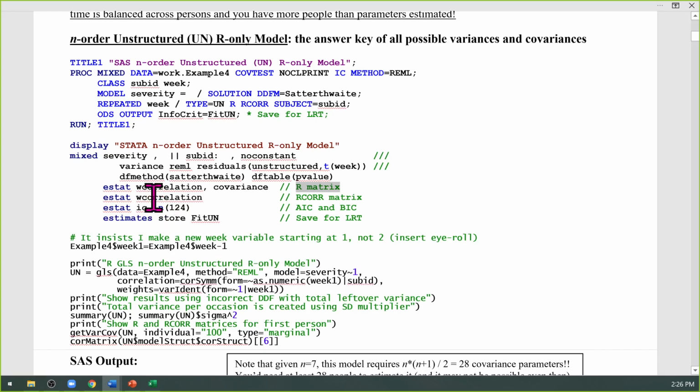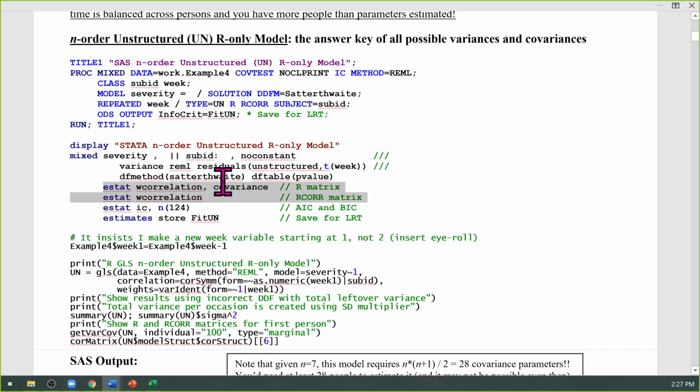And if you just want the R core correlation matrix, that's the same thing without the option for covariance. So these are helpful to be able to visualize what your model has actually said the structure of your variances and covariances should look like. Otherwise, it just shows up in a giant table of listed parameters that aren't organized in like a matrix form, and it makes it harder to see them and follow them.